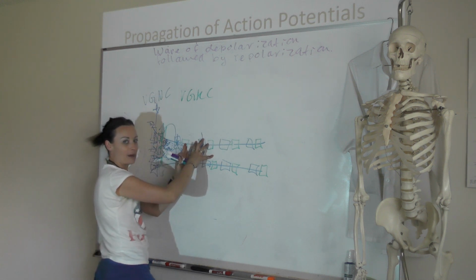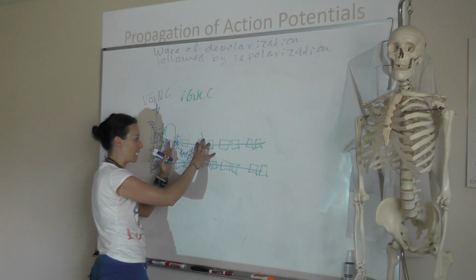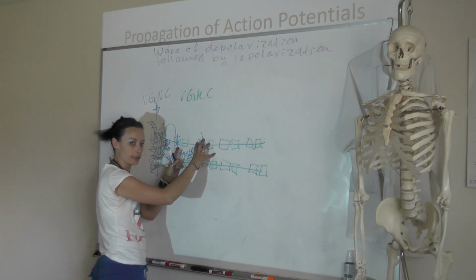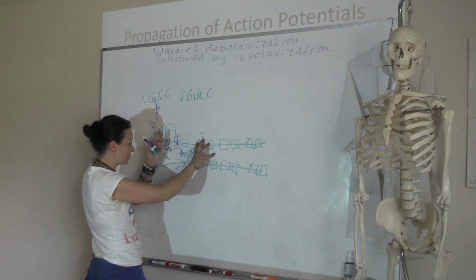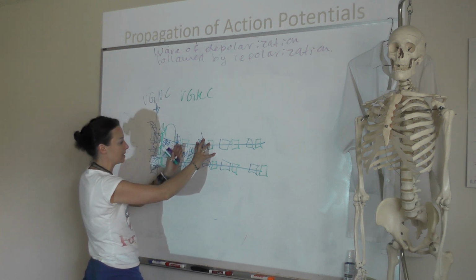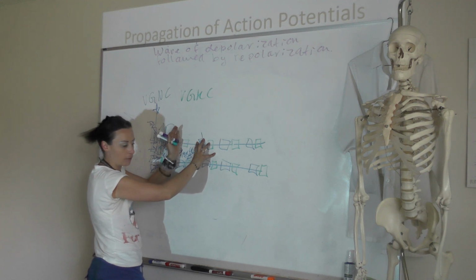What state are we in upstream of where the action potential is right now? What state of existence are these voltage-gated sodium channels in? They are inactive. Because they were at positive 30, they've closed and inactivated, and they are waiting for repolarization and hyperpolarization to occur over here.